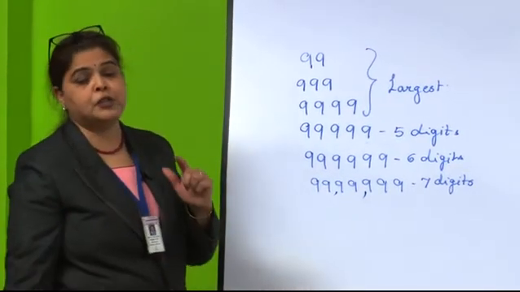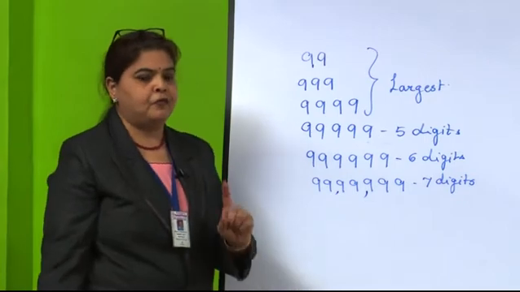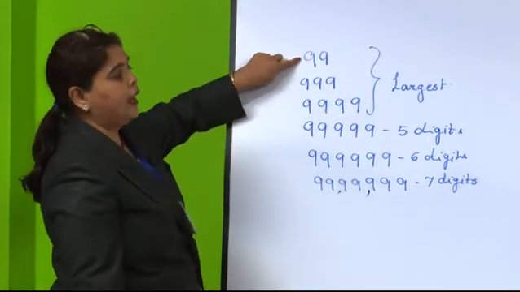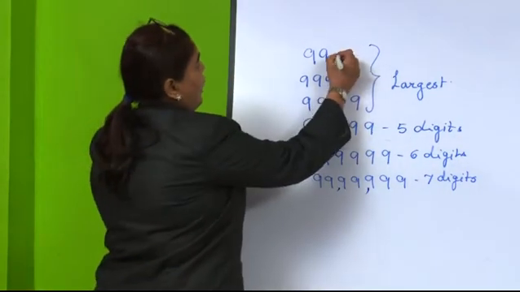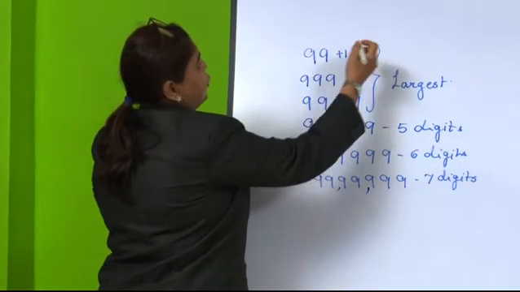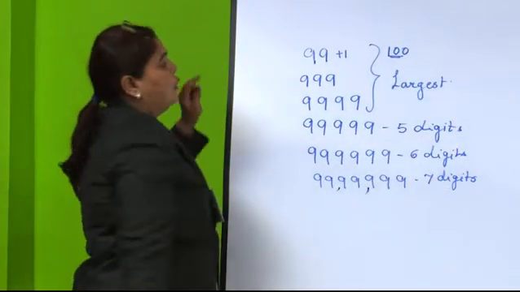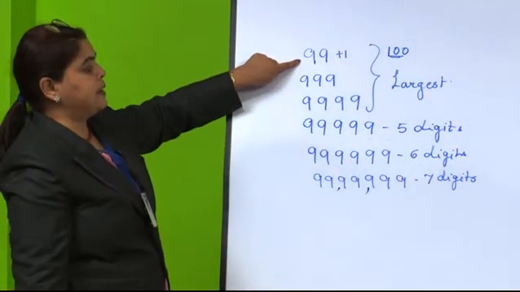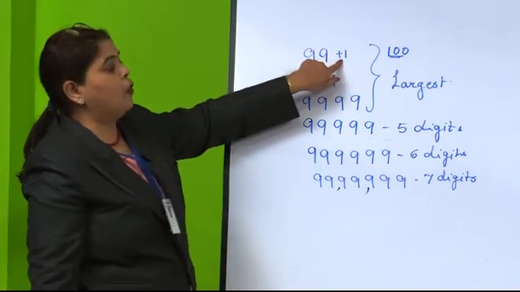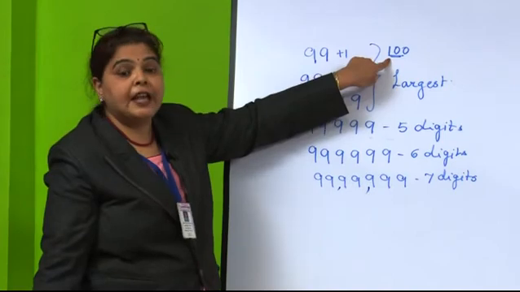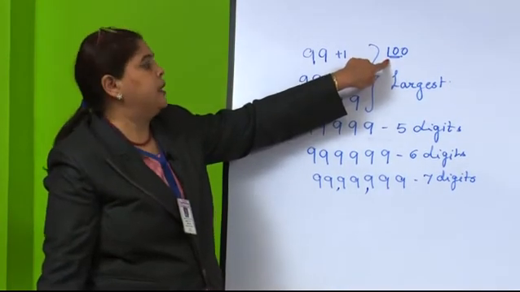Now I will give you one small trick: how to find the smallest number. Very simple. If you add 1 to 99, what do you get? 100. Yes. So 99 is my 2 digit largest number, and when 1 is added to 99, we get the 3 digit smallest number.